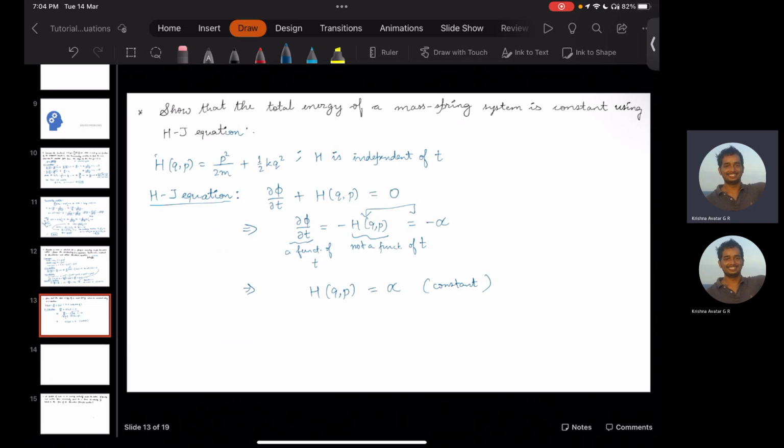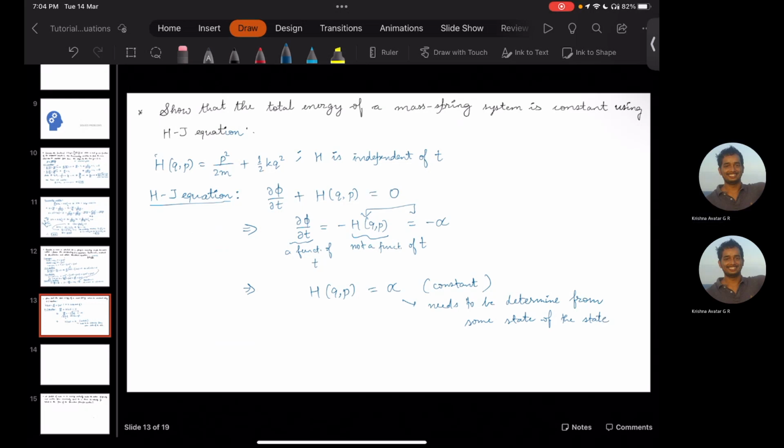But this constant has to be determined using certain initial conditions of the system, from some state of the system. Since it's a constant, it holds at all states, so even the properties at one state are enough to determine the value of alpha.